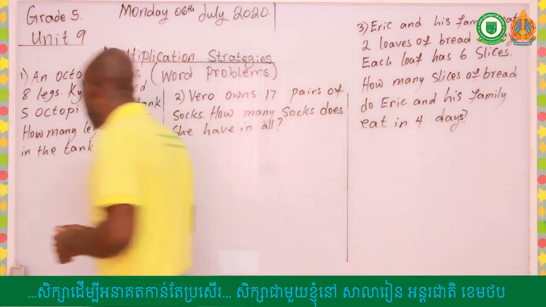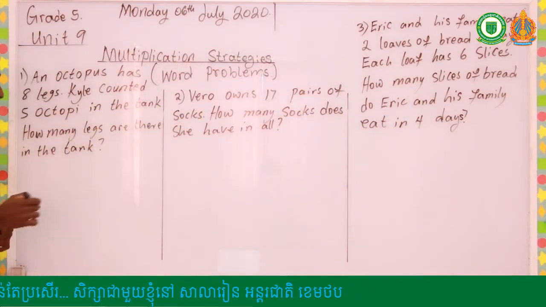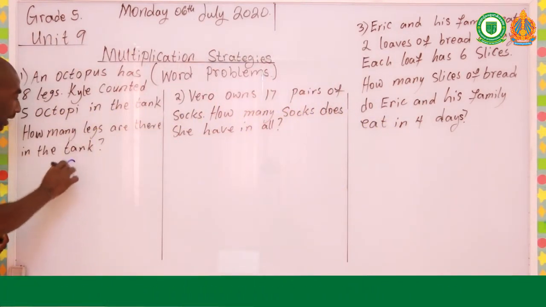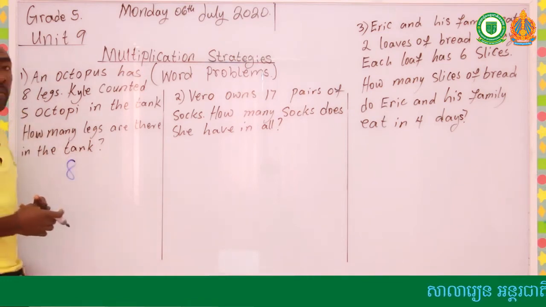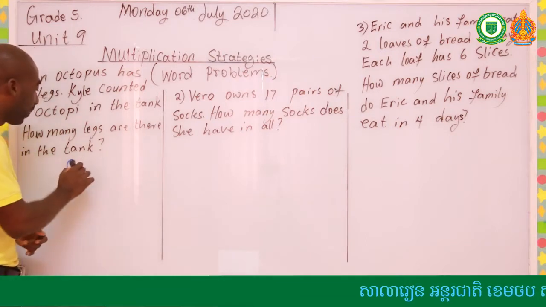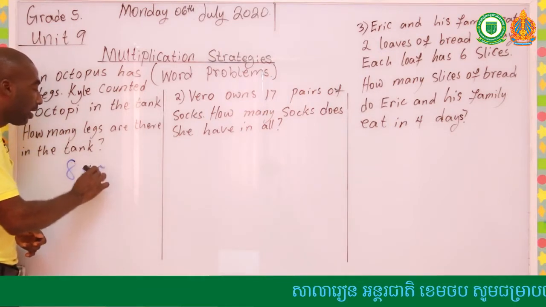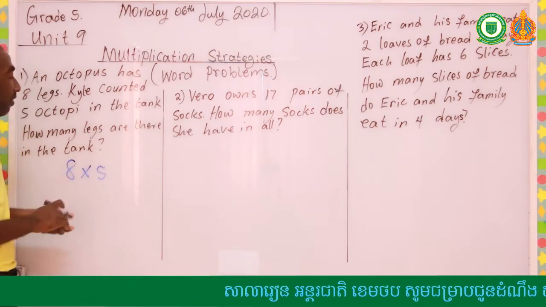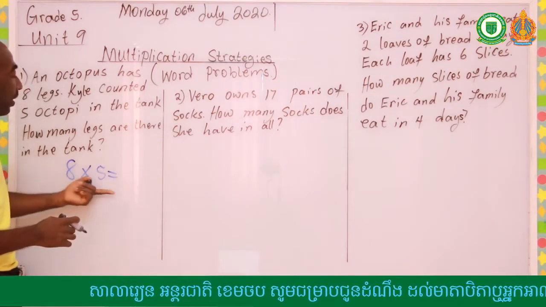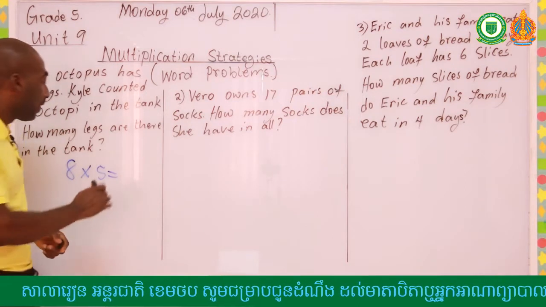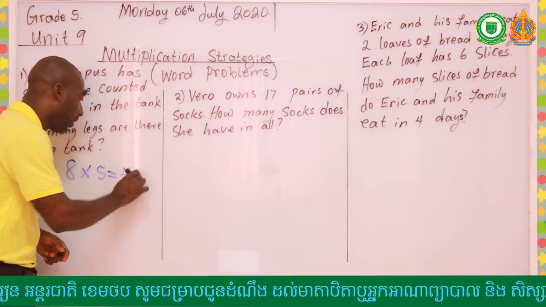So let's see. So first of all, we have 1 is having 8 legs, and then there are 5 octopi in the tank. So we have to multiply here by 5. So which means we have our expression, which is going to turn into an equation. So this will give us what? Will give us 40. Okay.